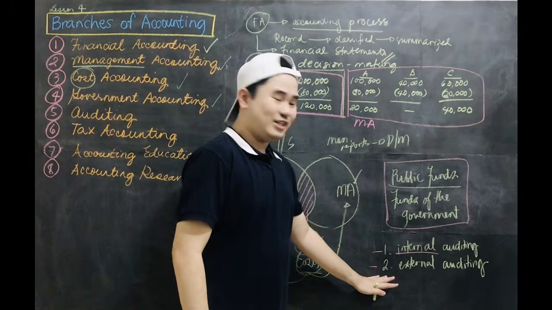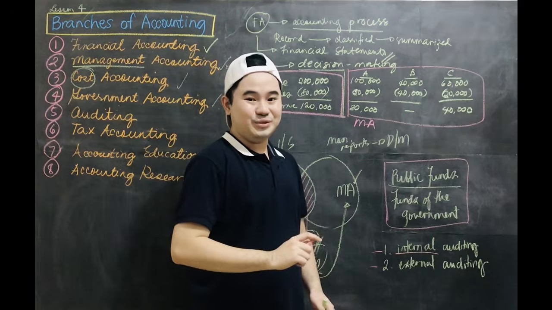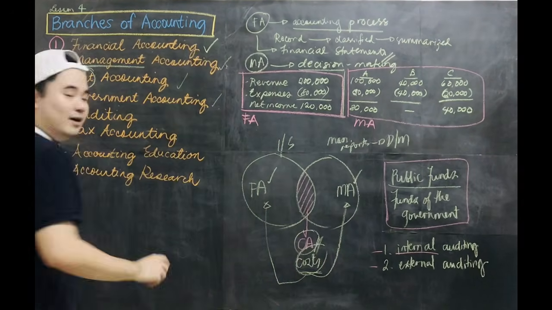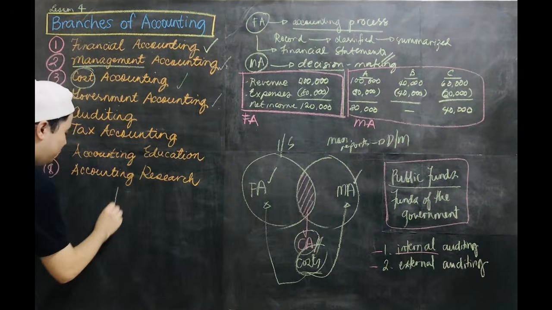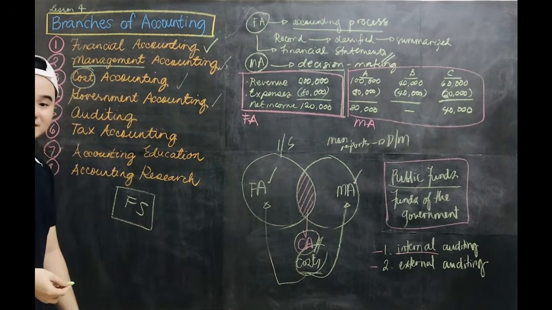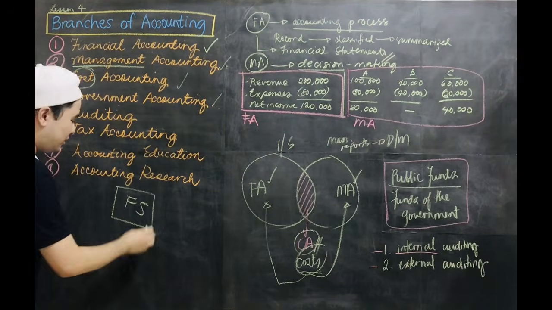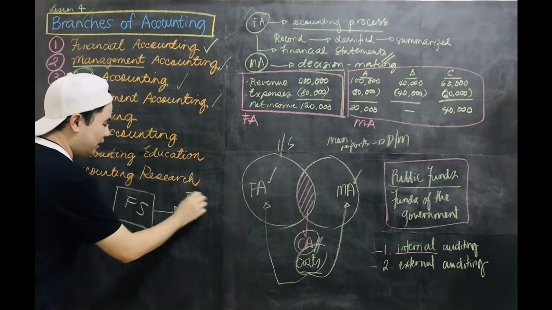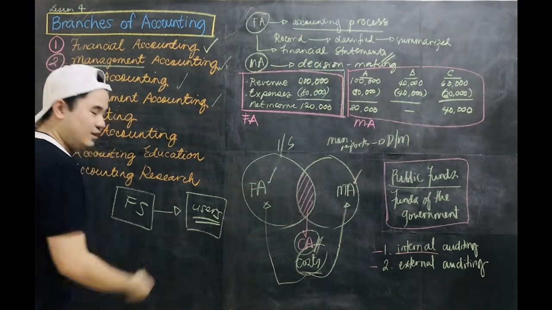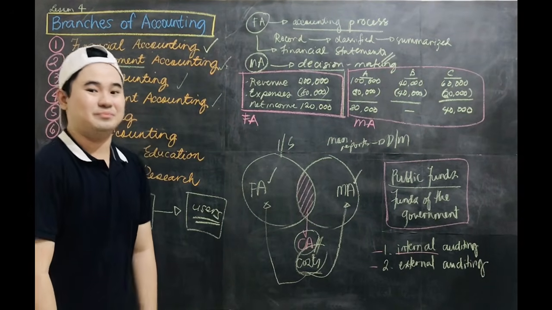Now, what is external auditing? Let me give you this diagram. Again, remember that we create financial statements, and these financial statements will be used by the different users of financial statements.